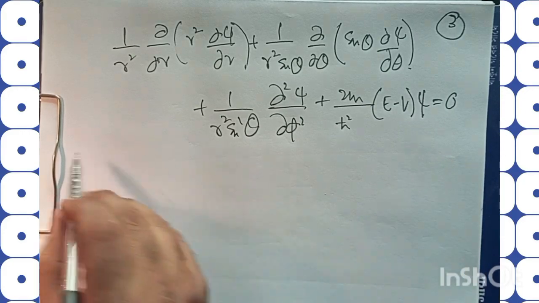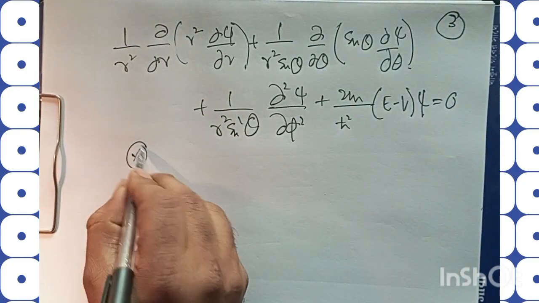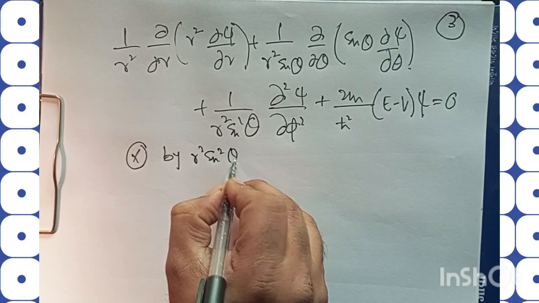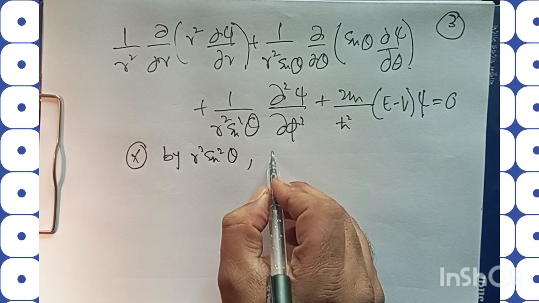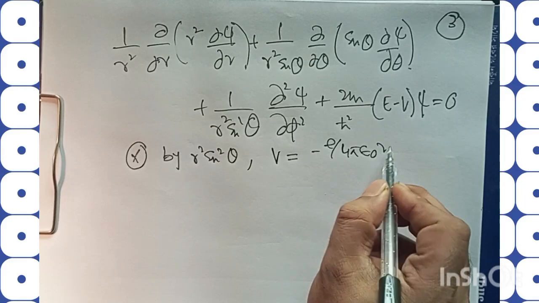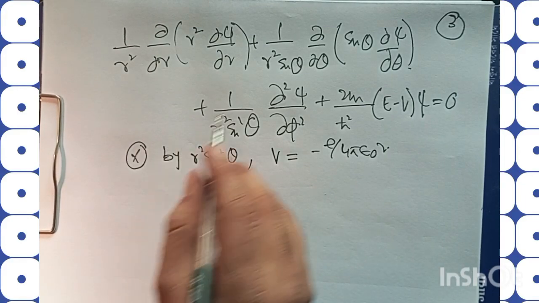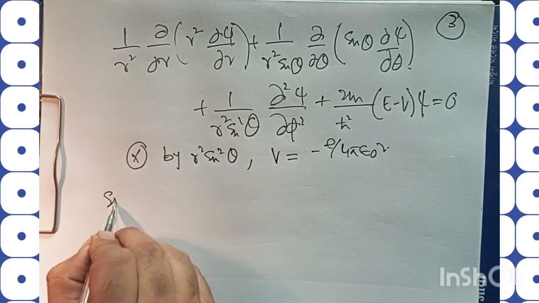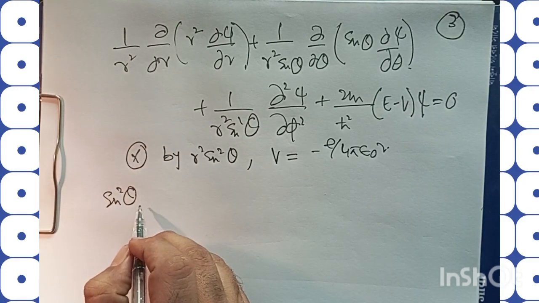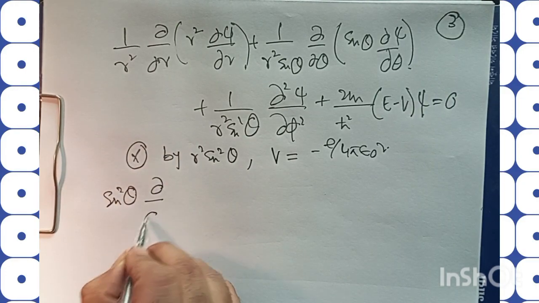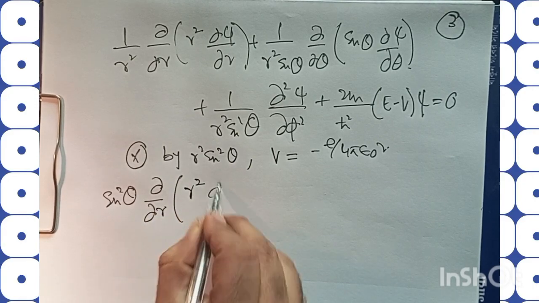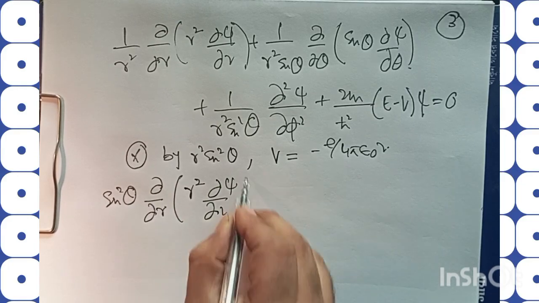And what we do in this equation is we multiply this whole equation by r square sin square theta, and we use the expression for V, which is minus e square by 4 pi epsilon naught r. What we get out of this is sin square theta, because r square and r square will cancel, and you'll be left with sin square theta dou by dou r times r square dou psi by dou r.